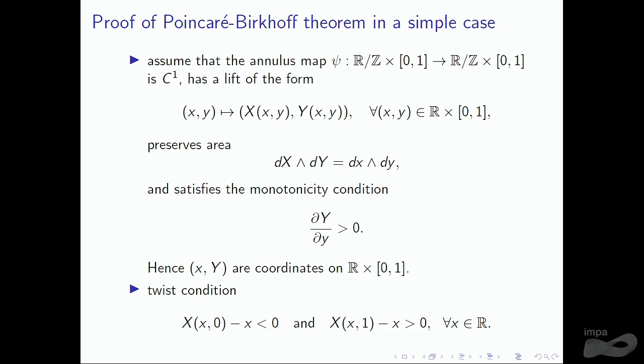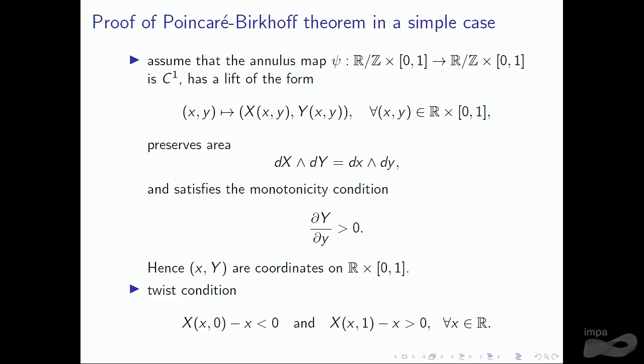And again, of course, to produce the fixed points, we assume this twist condition here, which means that the lower boundary component, the points move to the left here. There's an inequality here, and the upper boundary, it moves to the right, which is given by this expression here. Okay? So this is the twist condition.